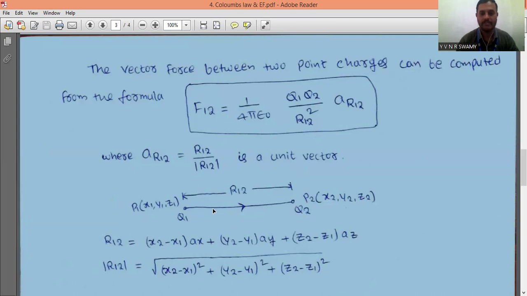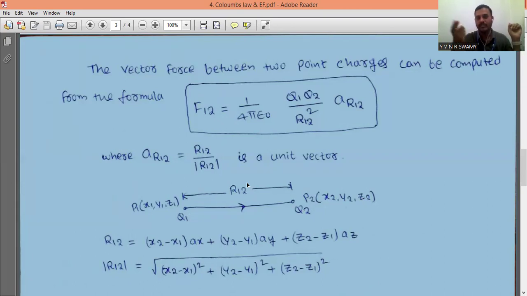And the direction is from Q1 to Q2, that is point P1 to P2. The distance between these 2 point charges will be represented by r, and the direction is from 1 to 2. Then r12 is the distance between the 2 point charges Q1 and Q2.